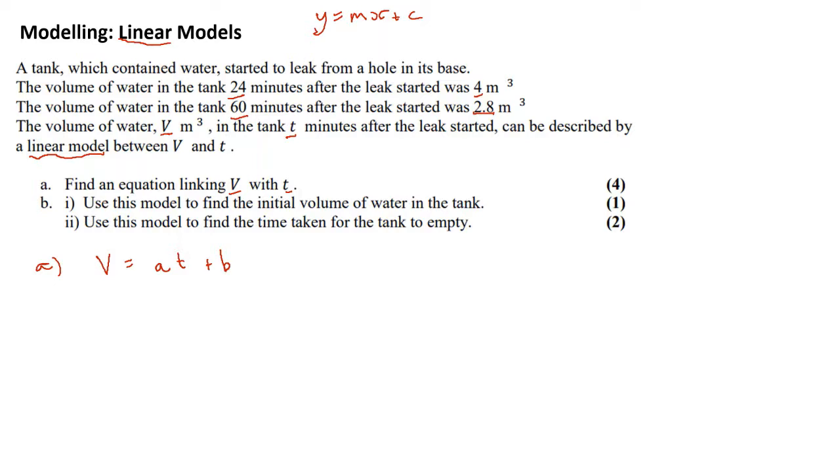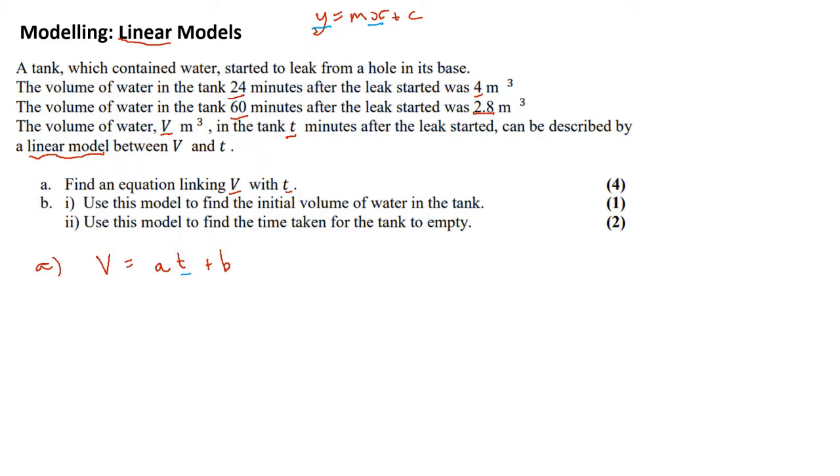It doesn't really matter what letters you use, but V is our volume, which would be our y. T is the time, which would be our x. That's the more standard way for modelling, but all this is a rewriting of y equals mx plus c.